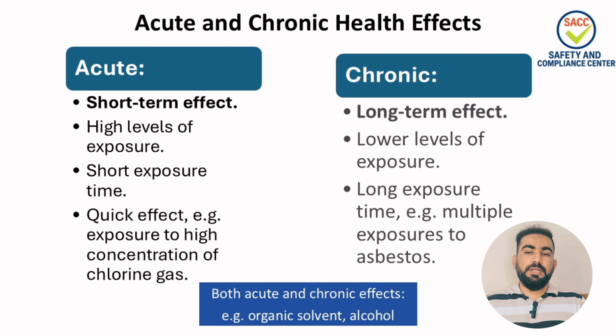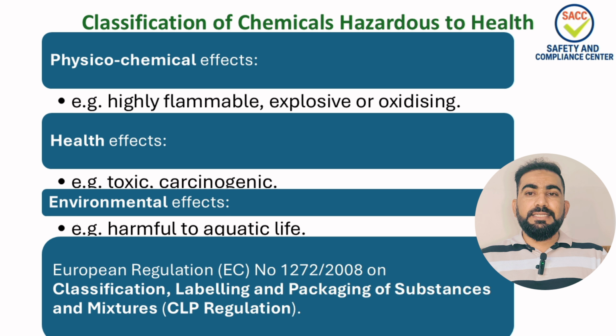For example, organic solvents or alcohol can have immediate effects like dizziness or headache, but long-term exposure can also damage an organ like the liver. So it is important to understand not just what the substance is, but also how often and how much you are exposed to it.